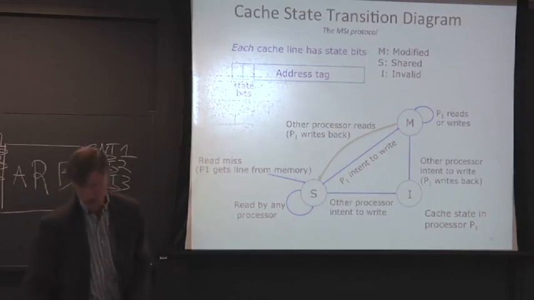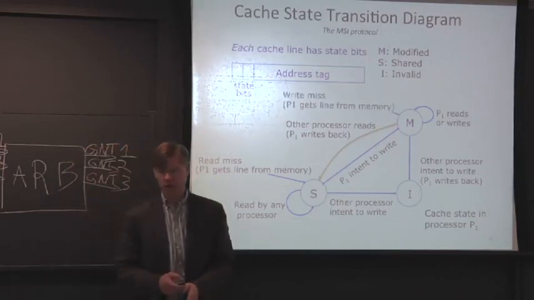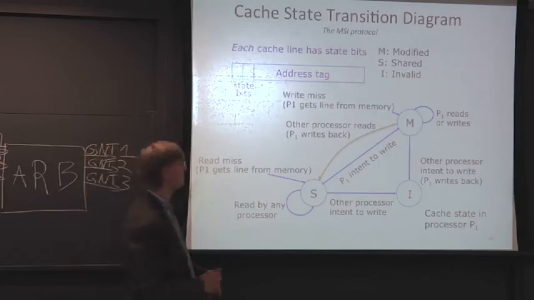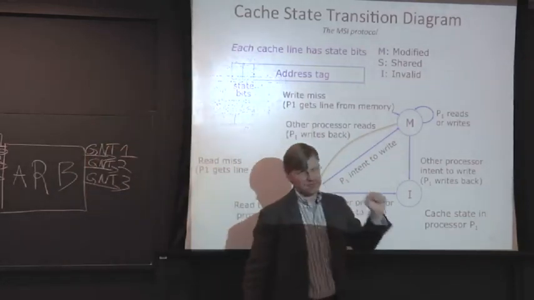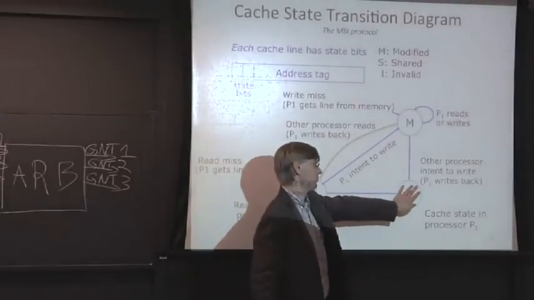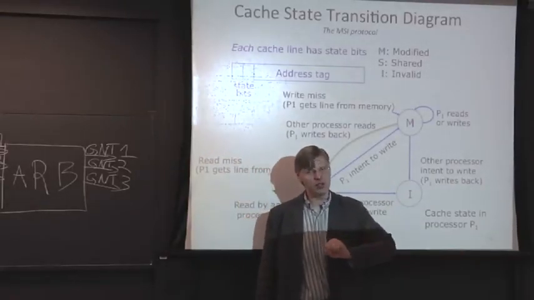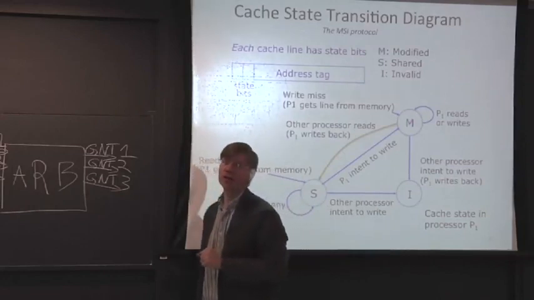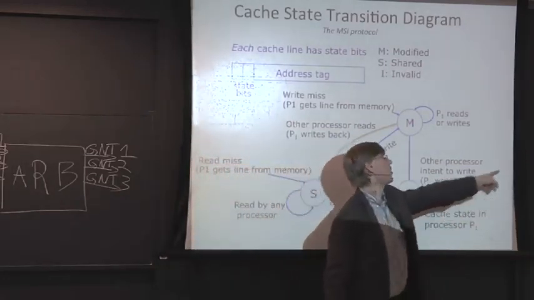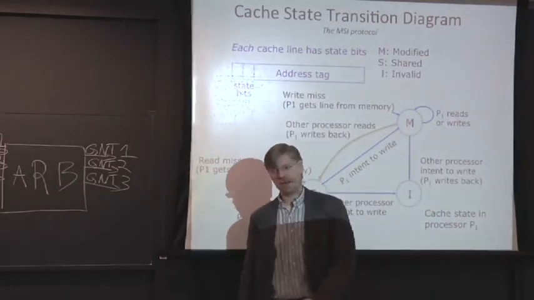OK, so let's look at this in a little bit more detail here. Yeah, sorry, there's one more arc that I missed. Write miss. So if you're in the invalid state, and you want to do a write to a line, we didn't draw this arc, but there's an arc that goes from invalid all the way around to here.